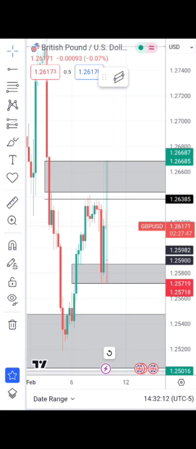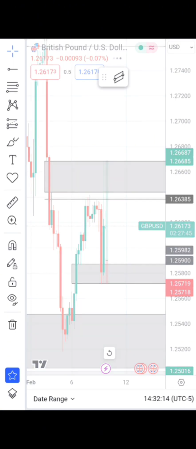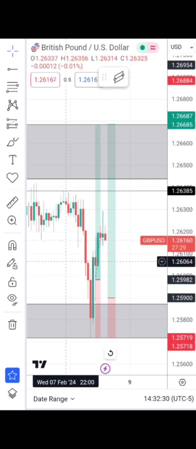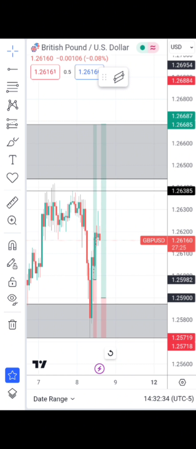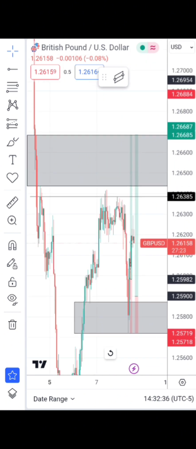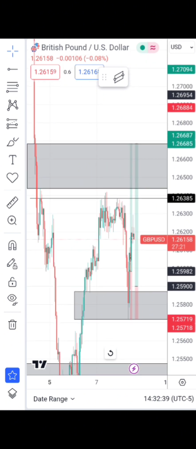And so let's check out the 1 hour time frame. So we have this 1.26385 area. The high is around that area. You realize it forms, we have multiple attempts to try and highlight these areas, an area of supply.